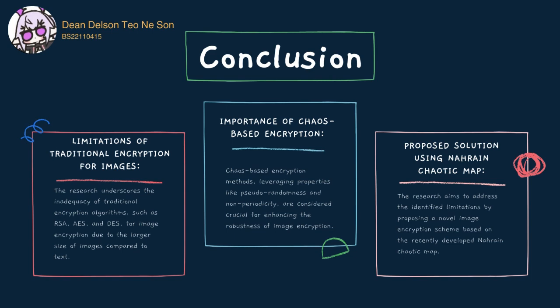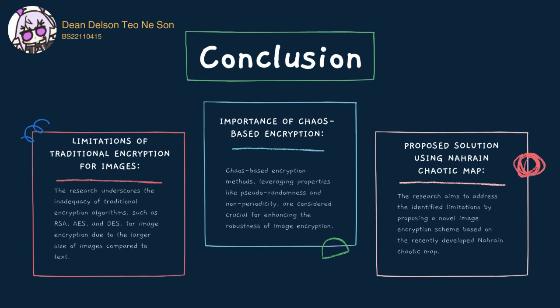Why is that? Because here we can propose a solution using the Narin chaotic map, and so the research aims to address the identified limitations by proposing a novel image encryption based on the recent development of the Narin chaotic map.